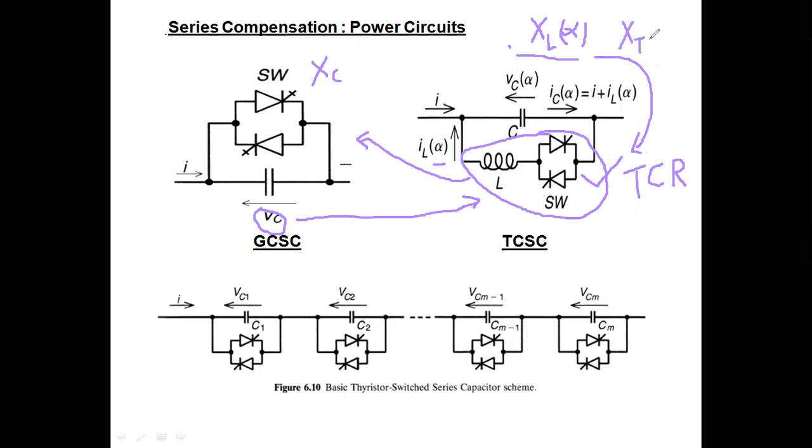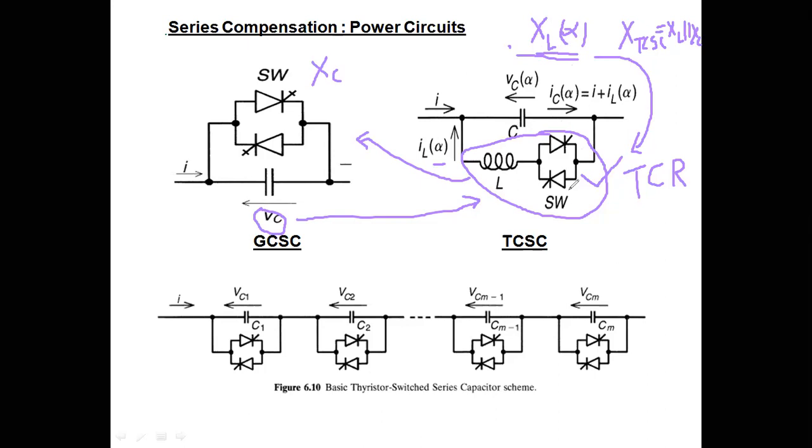Once this variable reactance XL is connected to XC, the total reactance of this device, the TCSC, is controlled using the parallel combination of XL and XC. You can see that XL and XC are connected in parallel. XL varies with respect to alpha, so that the overall reactance can be varied, not the capacitance or the voltage across the capacitance.